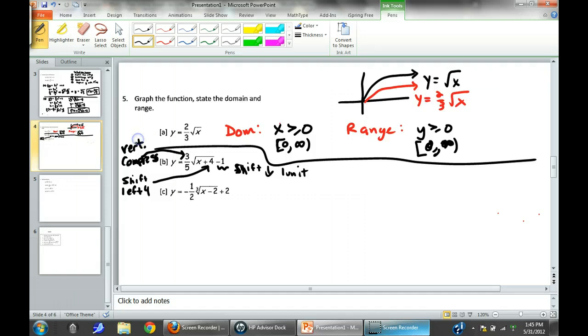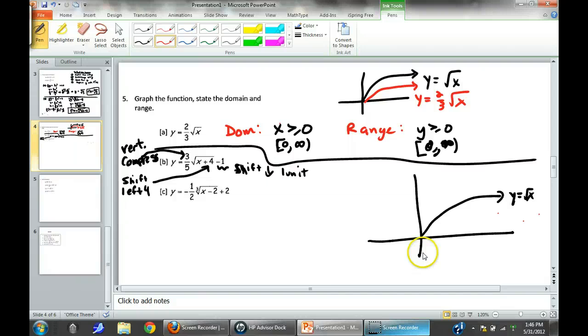Okay, I would just draw them on the same axis. Here's your generic root x function, and then we go to do those alterations. We're going to shift down 1 unit and left 4 units.